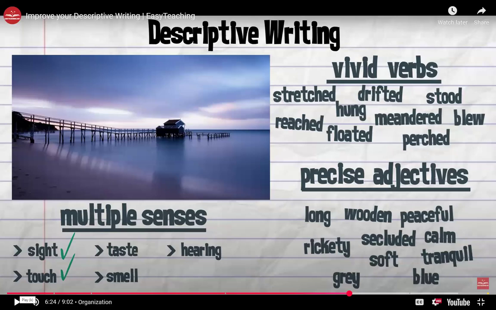How about what could we be hearing there? Birds. Absolutely. There might be a whole lot of seagulls or something else making some bird noise. What else might we hear? Waves. Absolutely. Even though that water looks fairly calm, it's probably making some sound.